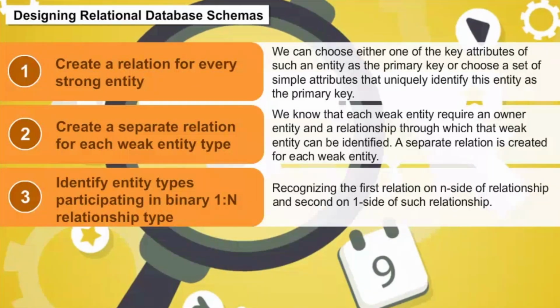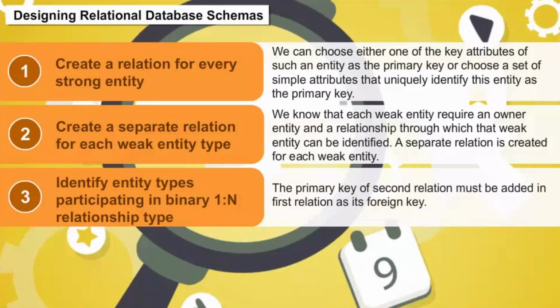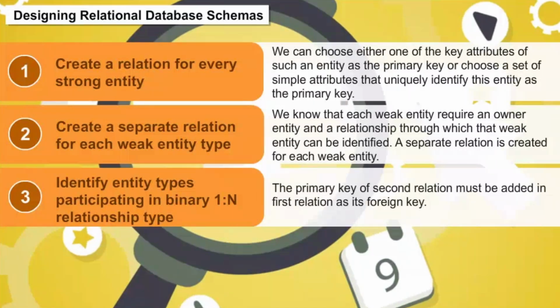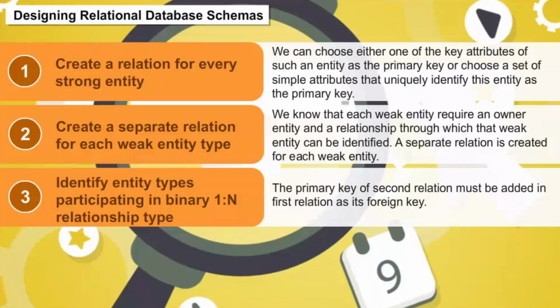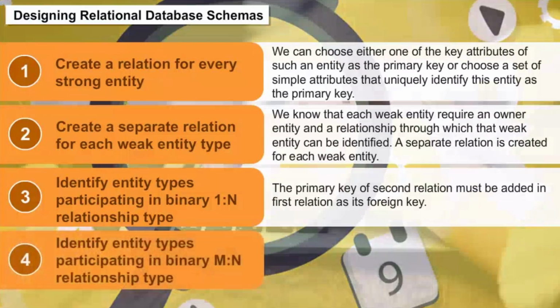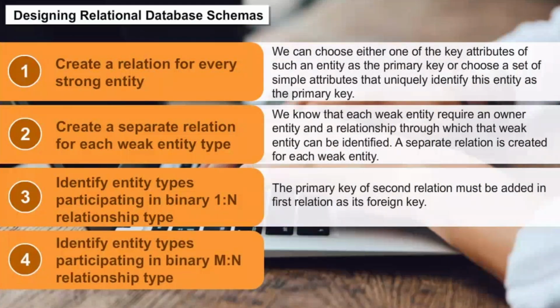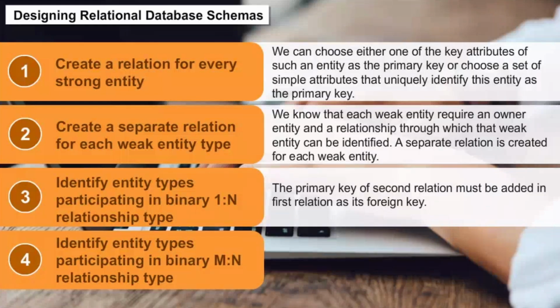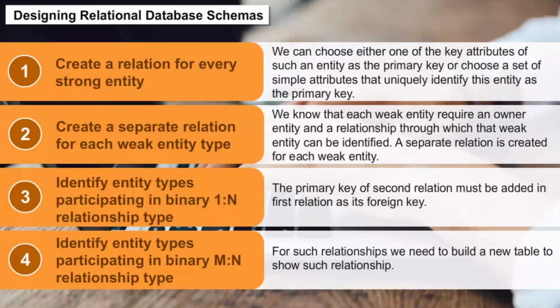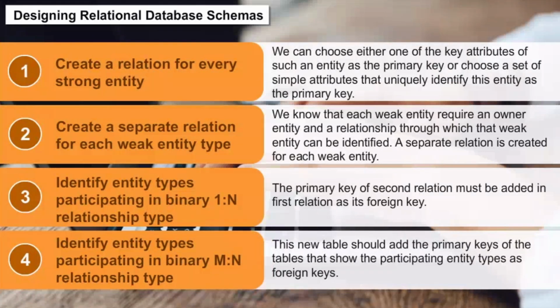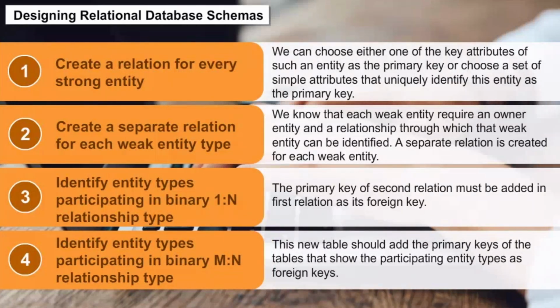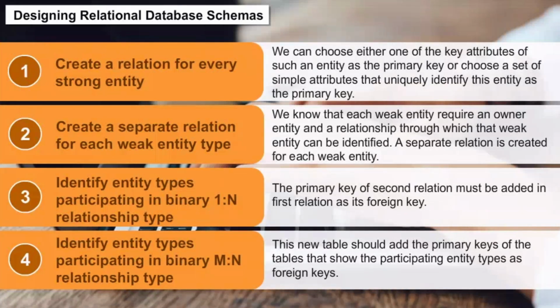The primary key of the second relation must be added in the first relation as its foreign key. 4. Identify entity types participating in a binary m:n relationship type. For such relationships, we need to build a new table to show the relationship. This new table should add the primary keys of the tables that show the participating entity types as foreign keys.